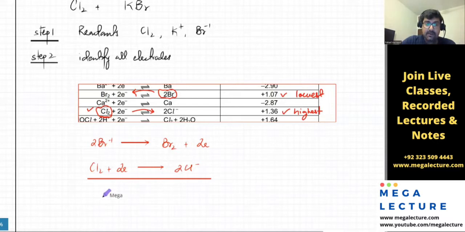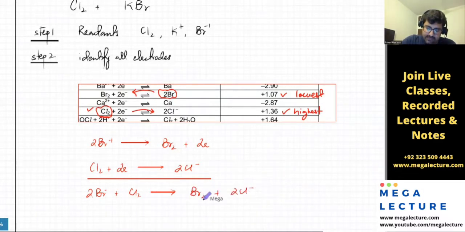The electrons are equal, gained and lost. So it's going to be 2Br minus 1 plus Cl2, and the product is going to be Br2 plus 2Cl minus 1. That's your reaction.